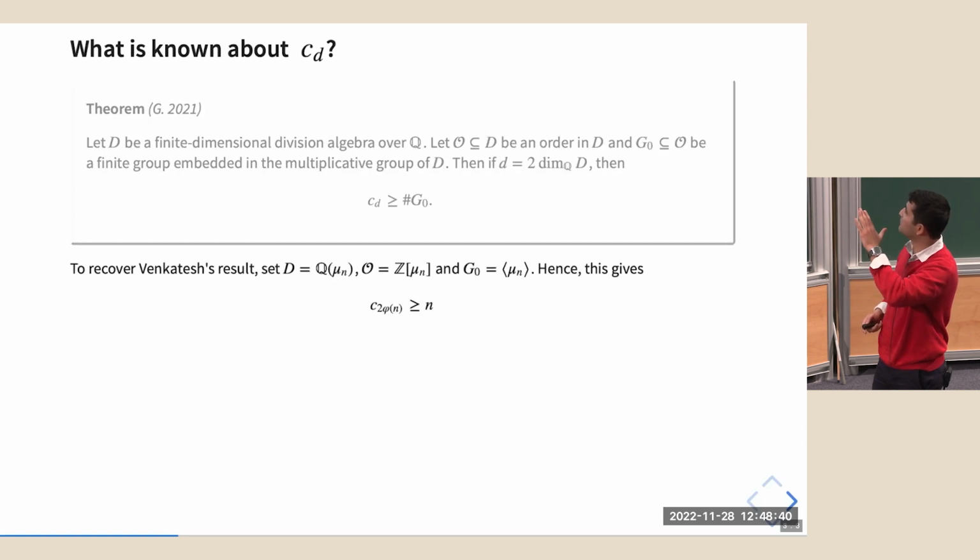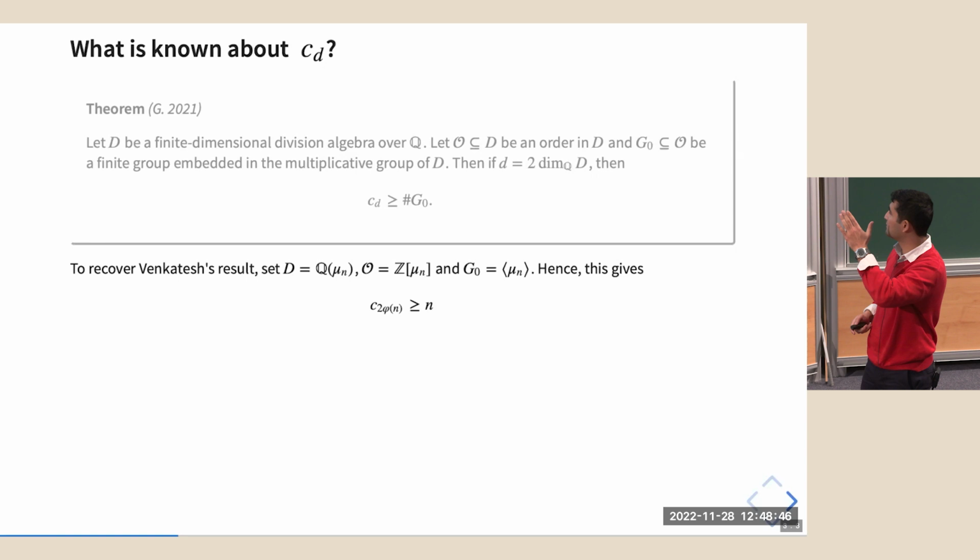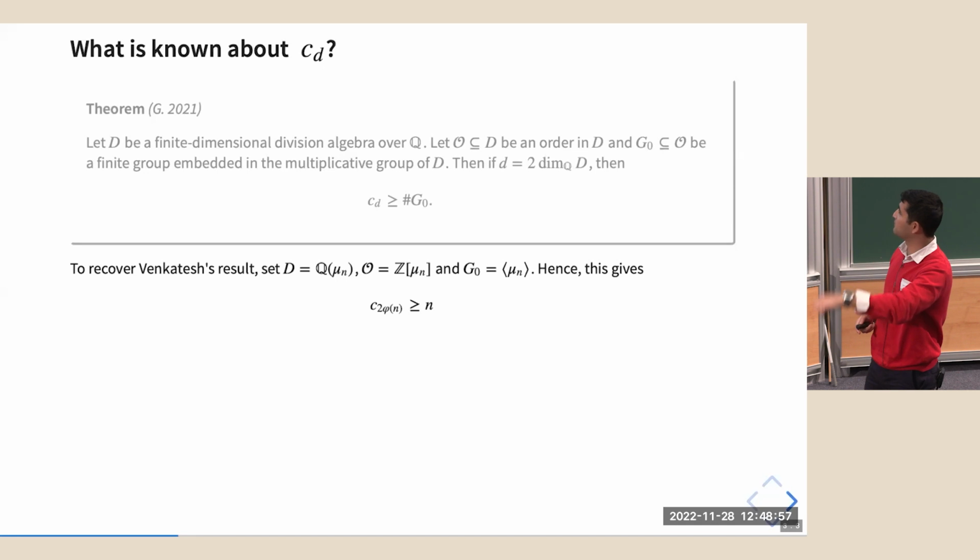So to recover this result, you put Q(μ_n) as the number field, which is also a division ring. You put the ring of integers as the order. You put the finite group as the group of torsional elements in this ring, and then it gives you Venkatesh's lower bound.